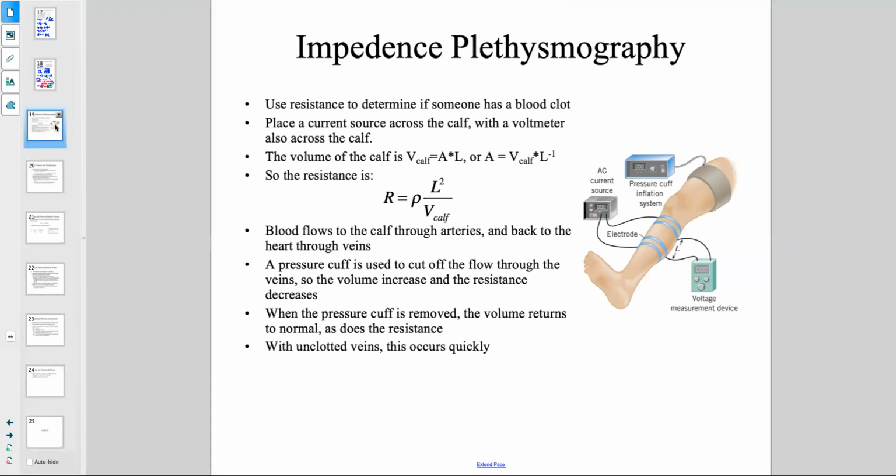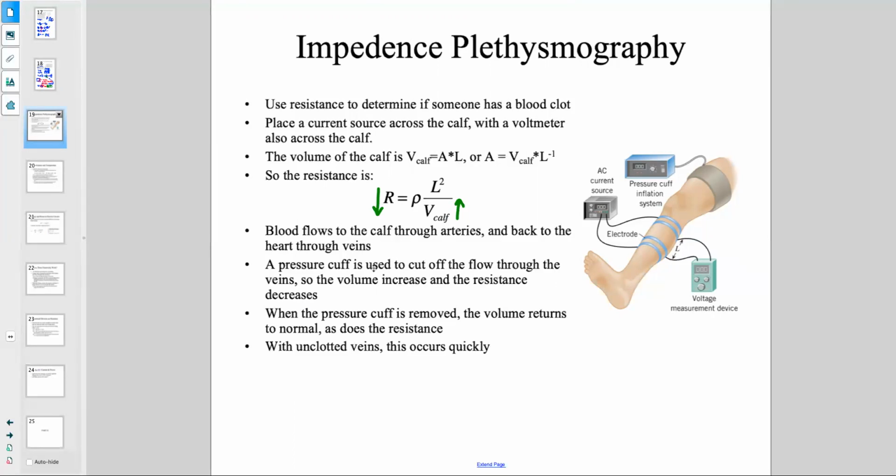What it's essentially doing is that we have a designated area here, and it has a volume associated with it, which is right there. If this volume increases, since it's in the denominator, the resistance goes down, to decrease.